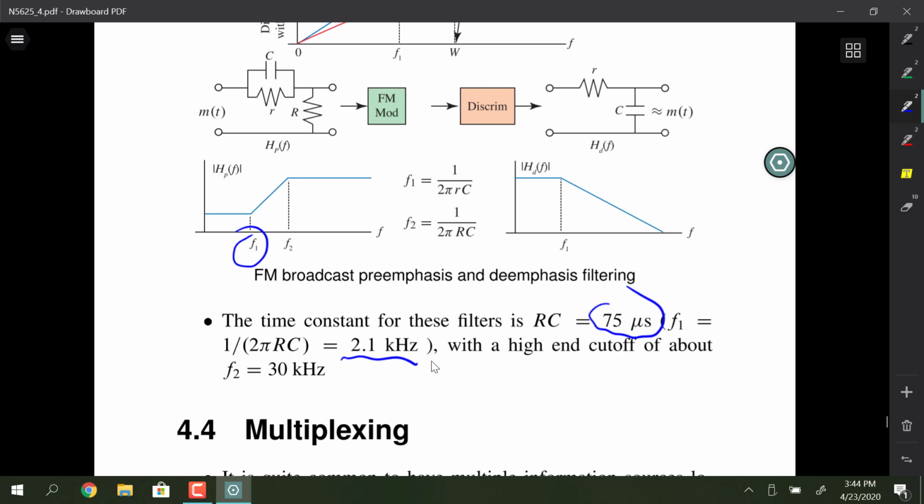So if you were a tinkerer like I was, you would build a receiver or build the phonograph preamp or whatever to play your music, and if you didn't put this low pass filter on that started to roll off at 2.1 kilohertz, you would listen to it and it would sound really tinny and very high frequency strong. Until you put that filter on there, it didn't sound natural.